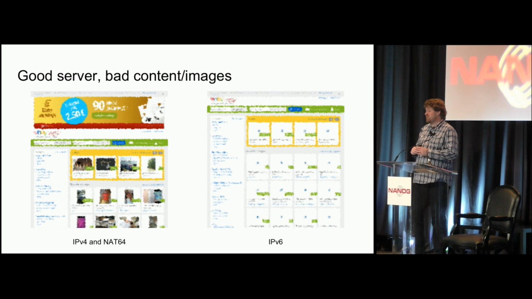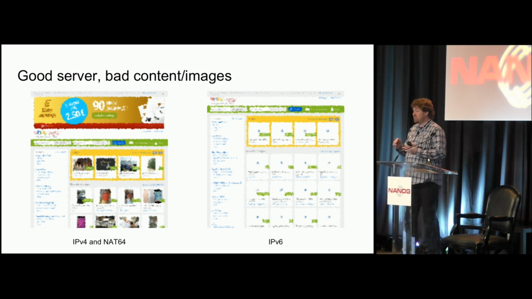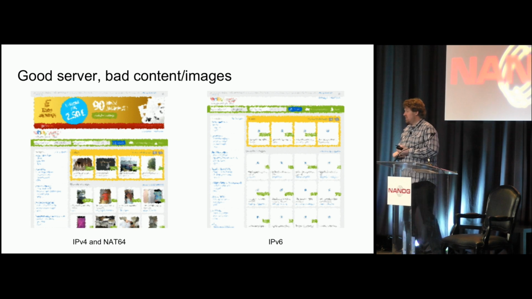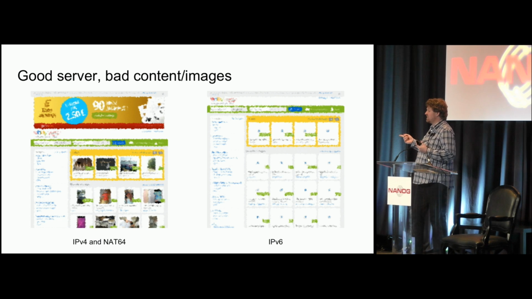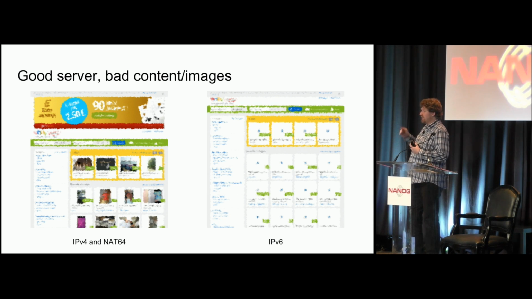Now, this is also an interesting one. This one shows a website where the main website runs on v6. The images and a lot of the styling and stuff like that are actually coming from a v4 only server. So the website runs partially on v6 only.